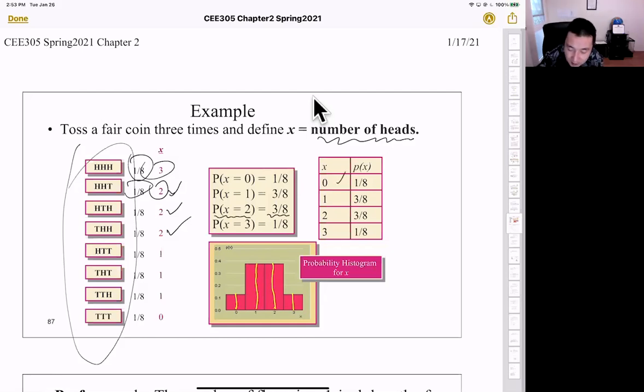And 3 heads, 1 over 8. And we should also check that if we add the P(x) together, the sum must be equal to 1. In this case, it is equal to 100%.